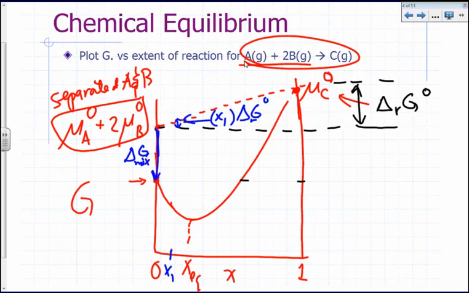But the total Gibbs energy, that raises the Gibbs energy. So replacing A and B by C would increase your Gibbs energy. But then this one would be the delta G for the mixing. So this is delta G for the mixing of A, B, and C. All right, so that's what that Gibbs energy looks like for that reaction.